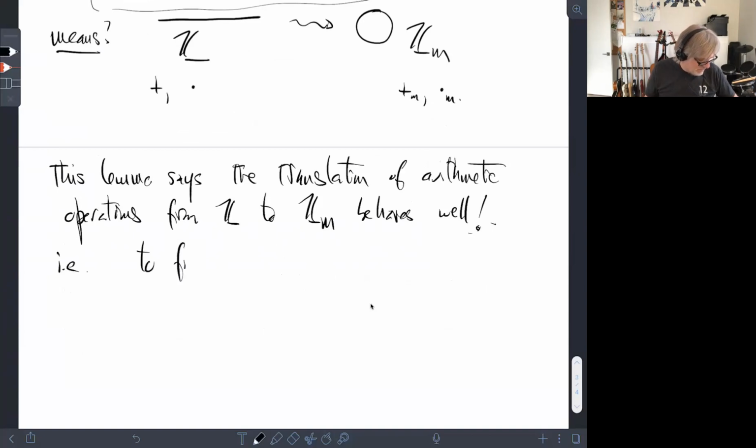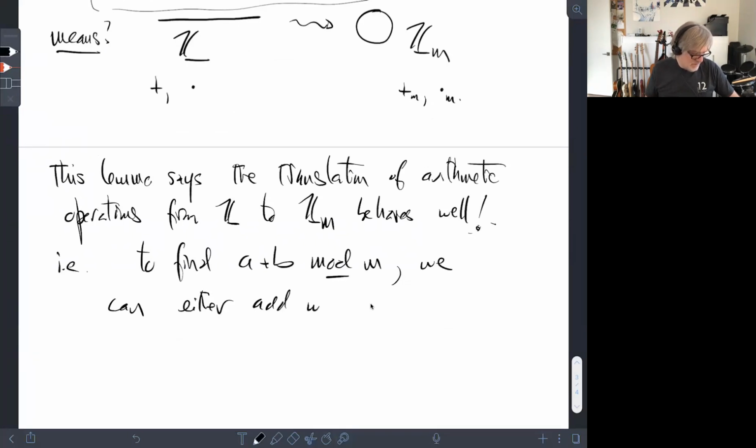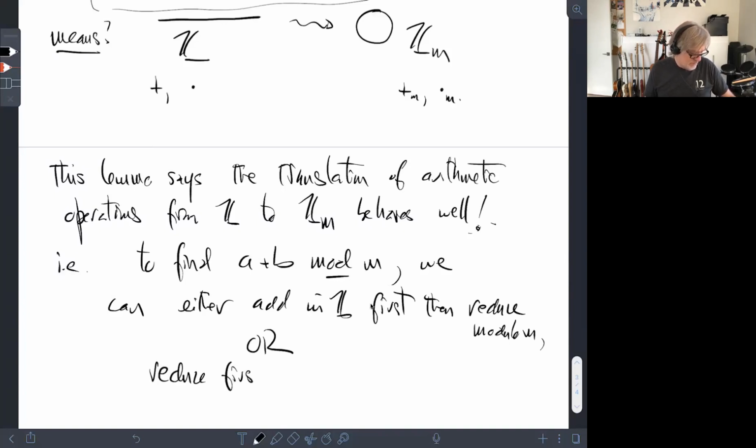To find a plus b mod m, we can either add in Z first, then reduce modulo m, or reduce first modulo m, then use, oops, not the product, the sum, like this.